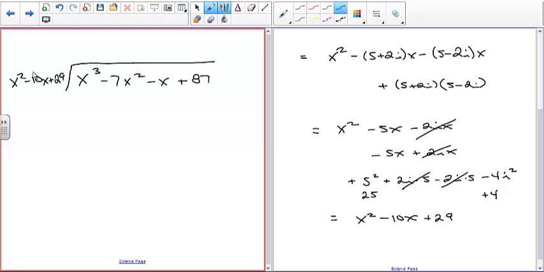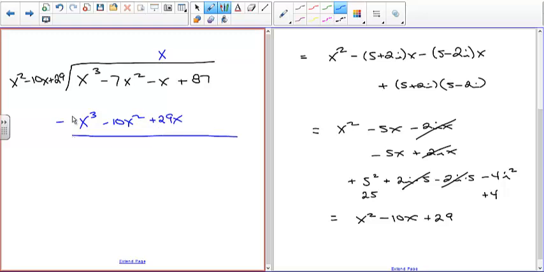Okay, so what do I need to multiply x squared by to get x cubed? Well, the answer is x. So then we multiply everything by x. x times x squared is x cubed. Negative 10x times x is negative 10x squared. x times 29 is 29x.